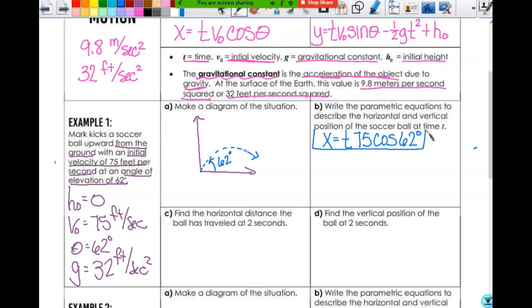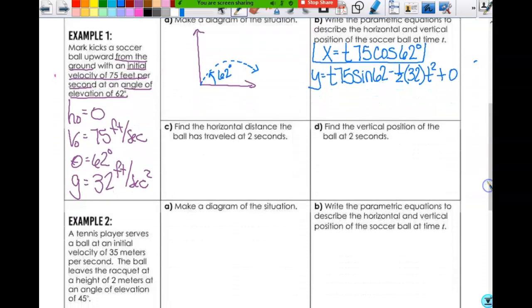Then y equals t times the initial velocity, which is 75, times the sine of theta, so that's the sine of 62, minus 1/2 times g, which is 32, times t squared, plus the initial height, which is 0. So I got all that from those up there, and then I'm just going to clean this up.